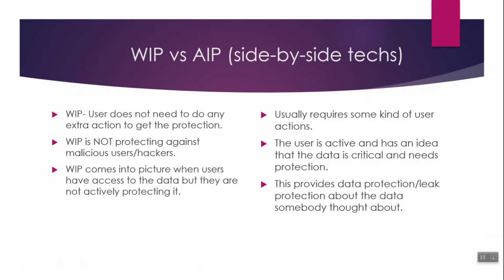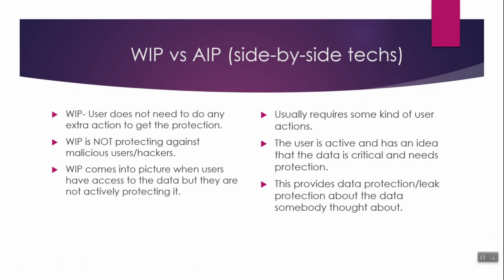But on the other end of the spectrum, we have RMS, or Azure Information Protection. This would come into the picture when the user is moving a document knowingly. What I mean by that is, let's just say that there is a WIP policy applied on Outlook, may that be Outlook Web, that is Exchange Online, or the Outlook application.